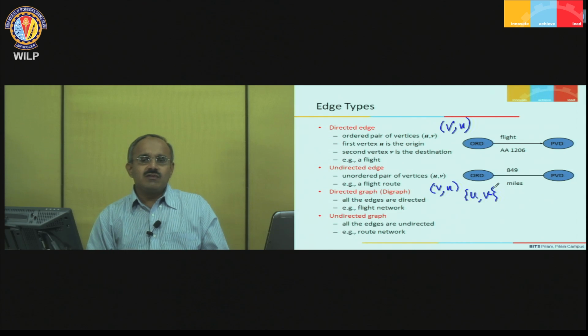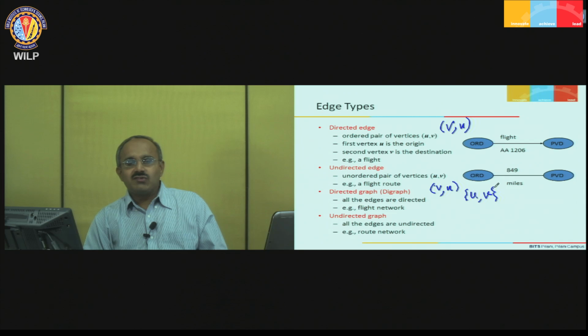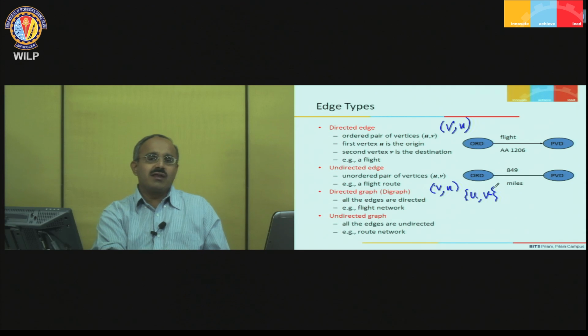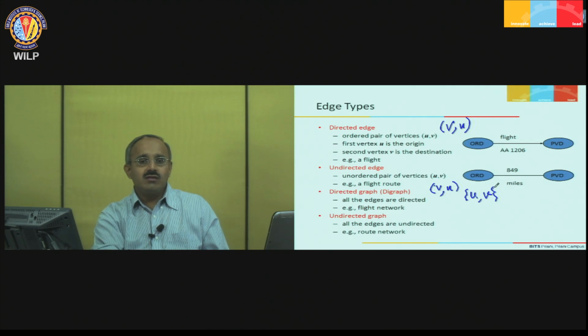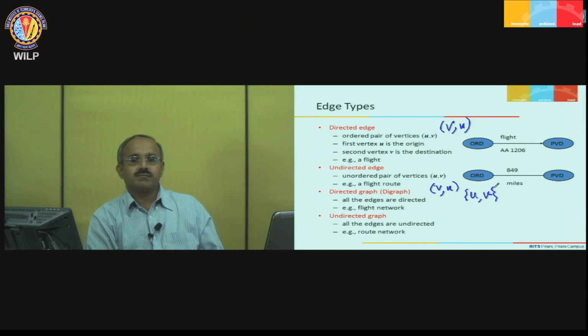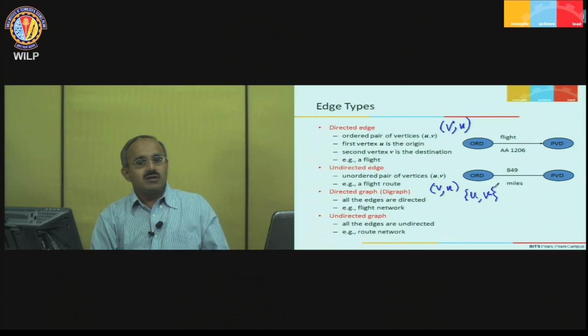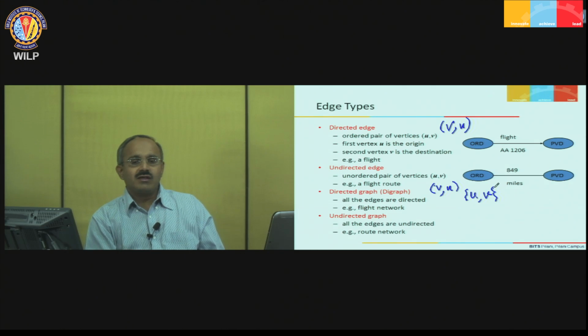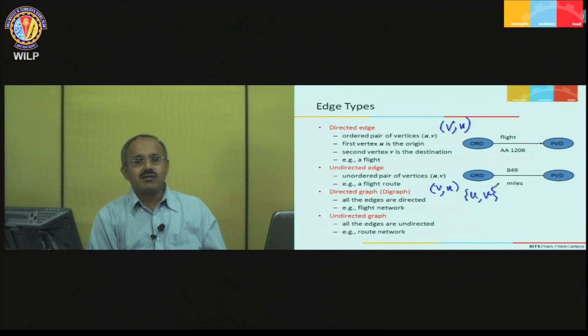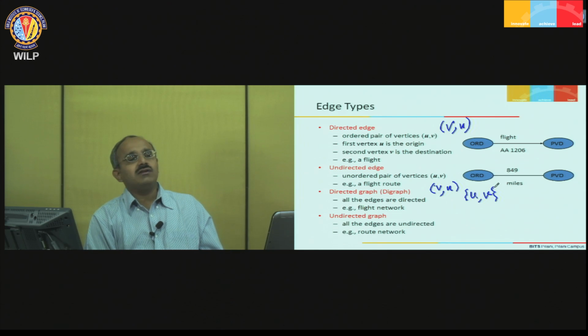By convention, we will not use the curly brackets, but whenever we mean an edge is undirected, we will represent it as u v with the understanding that it is an unordered pair. Depending upon whether your graph has edges which are directed or undirected, you define a directed graph and an undirected graph. A directed graph is a graph in which all the edges are directed, and in an undirected graph all the edges are undirected.